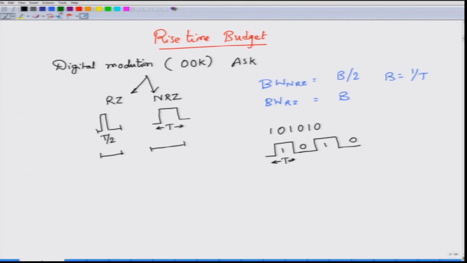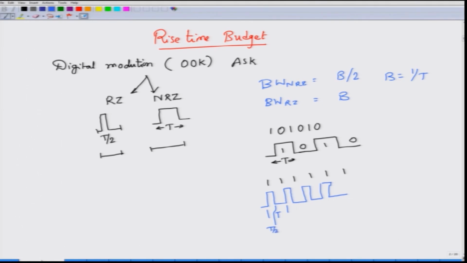Whereas for the RZ case, you have the maximum change of bits when you are transmitting all ones, because you have one half period, then another half period, and so on. So this would be your total width T, whereas this one is only about T by 2.